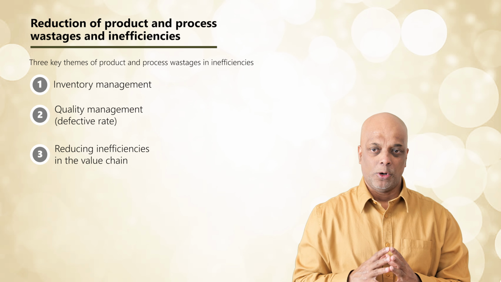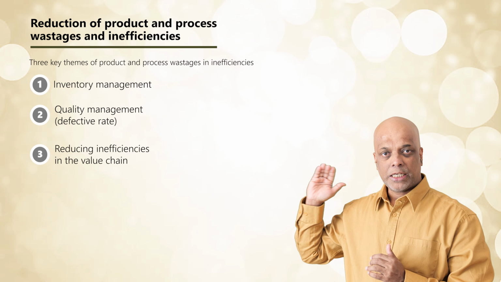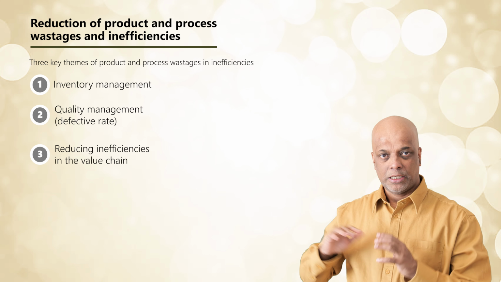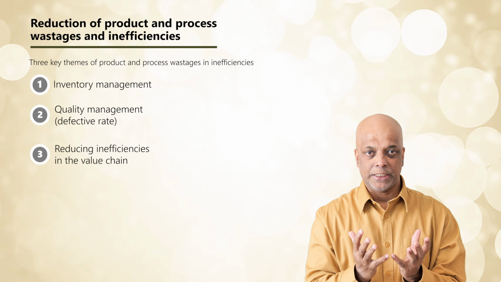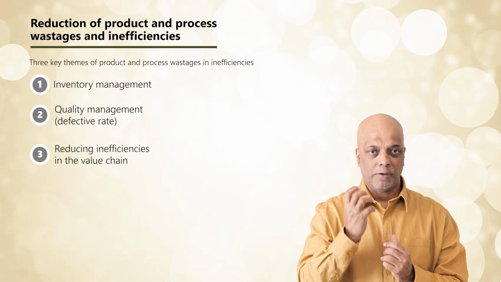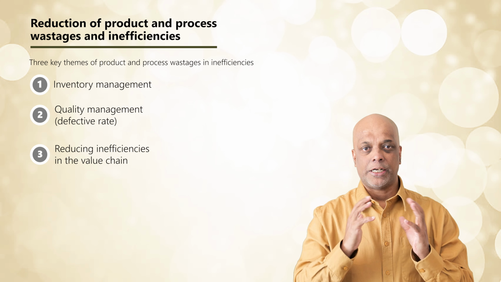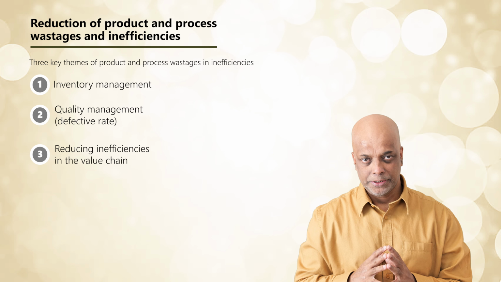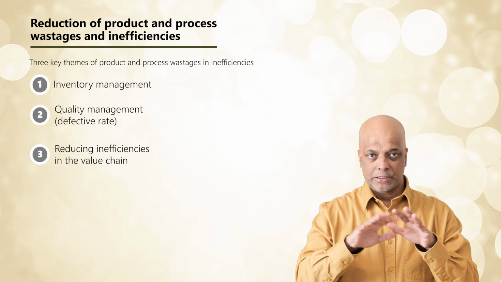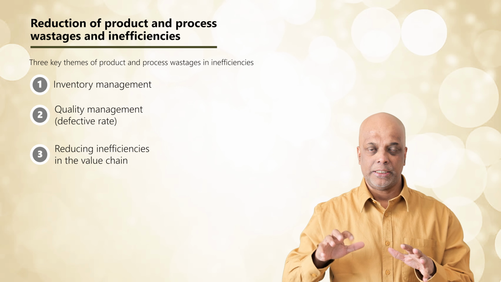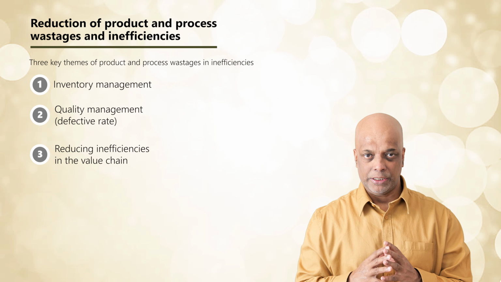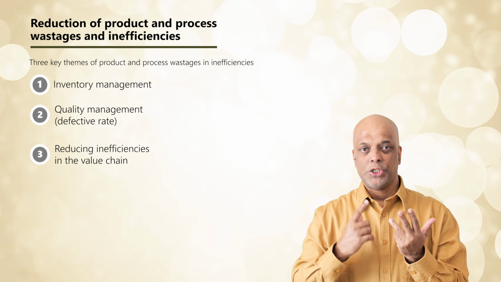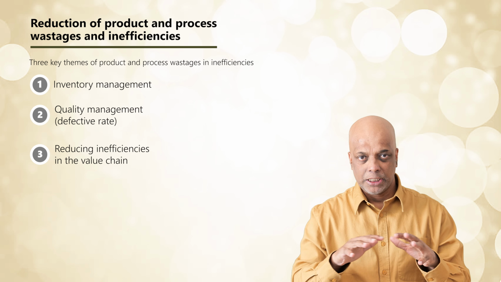So, in a broader sense, reduction of process and product wastages and inefficiencies is one of the key elements of strategic cost management. In this regard, there are three key managerial themes that the companies are dealing with: inventory management, quality management, and business process re-engineering.